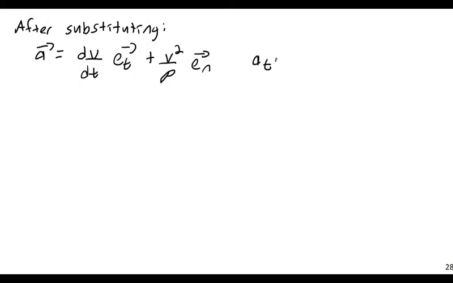So AT then is simply dv dt, and AN is going to be v squared over rho.